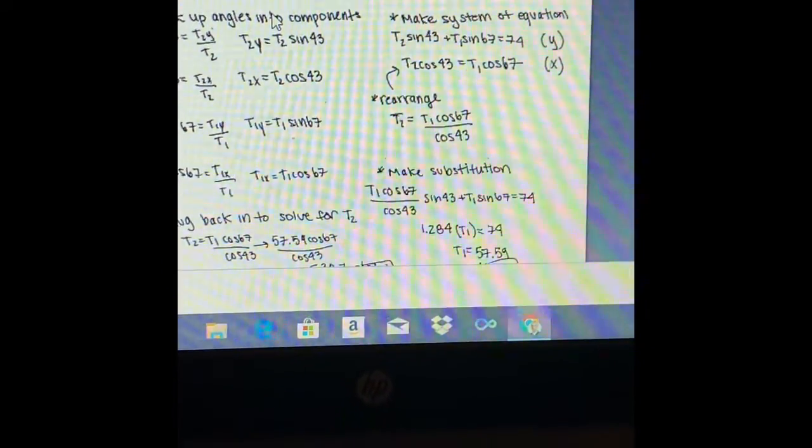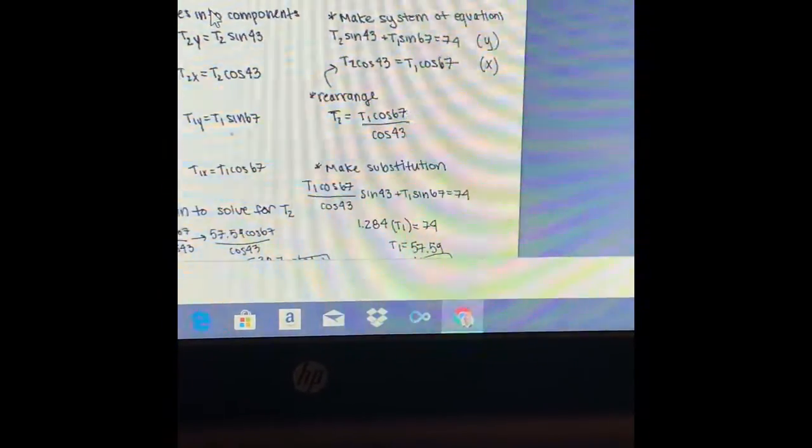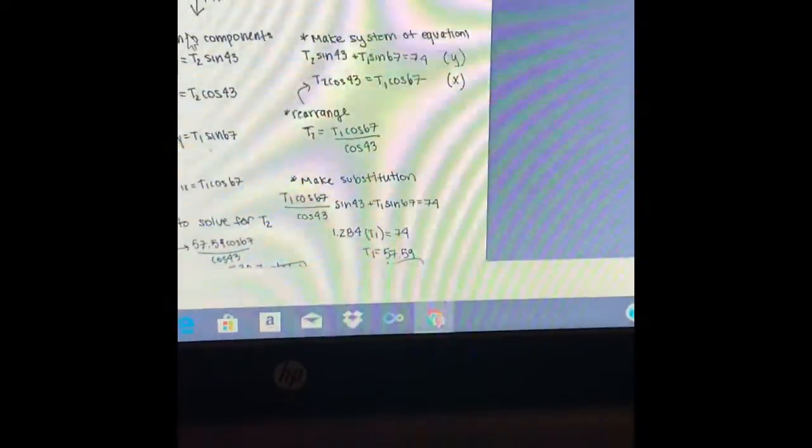Once you get that down, you want to make a system of equations. You're always going to make 2 equations, one for the x and one for the y. So the y equation is more complex, but the x is simpler.